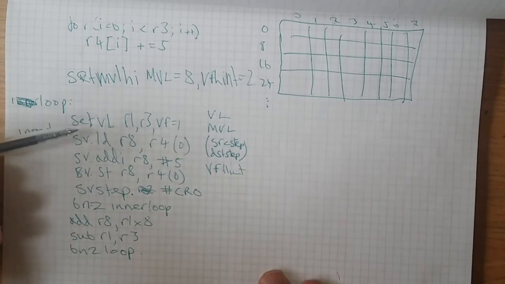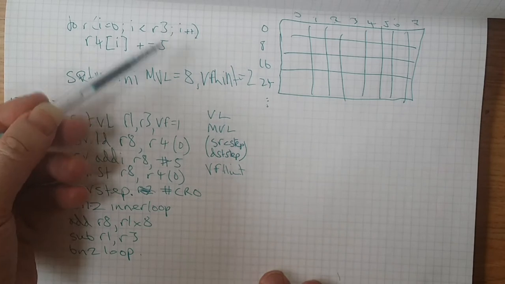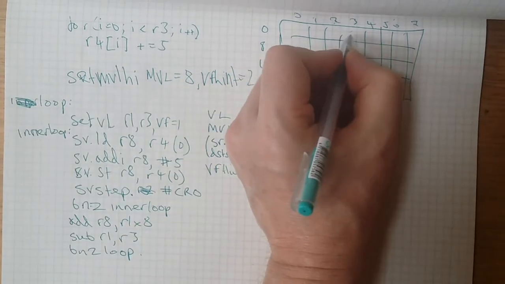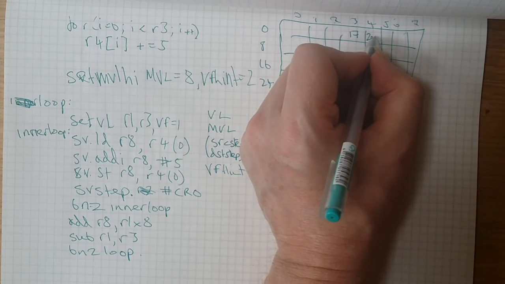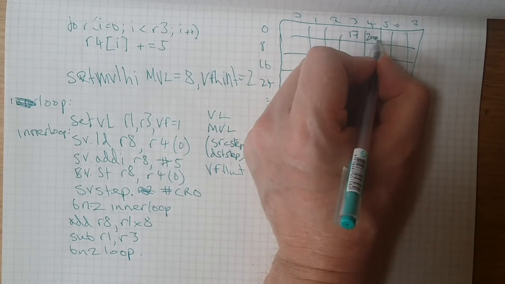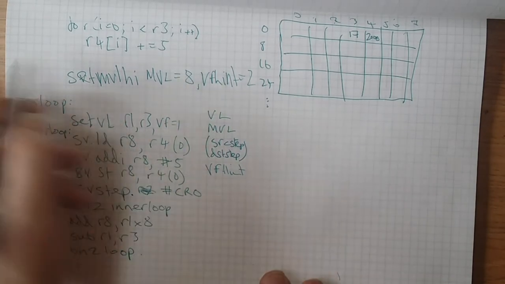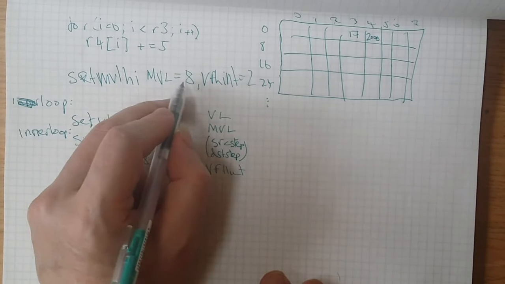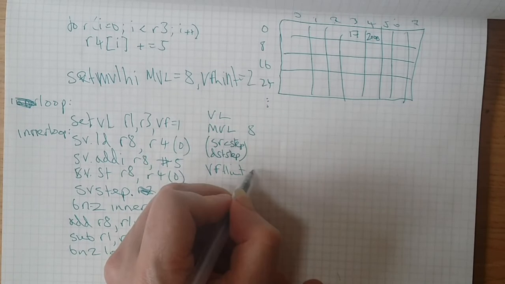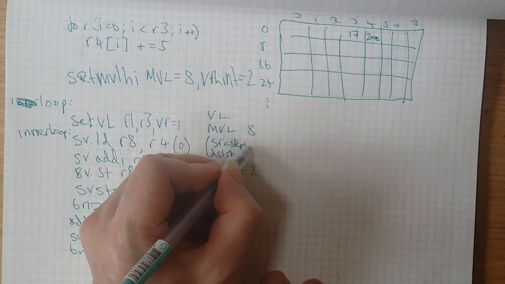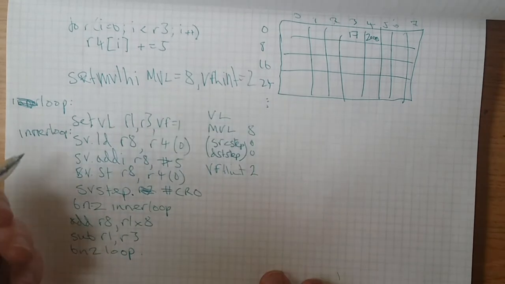Now, the first iteration around here, R3 is 17. R4 is still pointing to 2000. Nothing has been set. So let's do this first instruction. Set MVL equals 8, VF hint equals 2. So MVL is 8, VF hint 2. But source step and dest step will be 0, and VL has not been set.